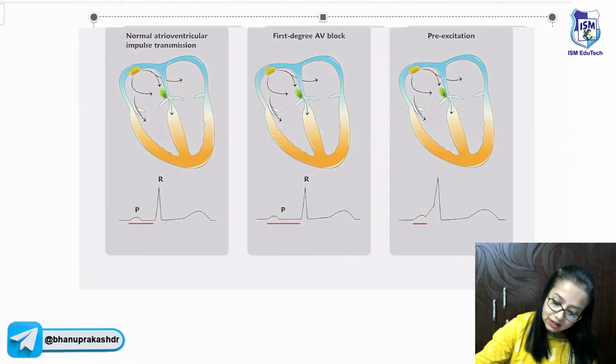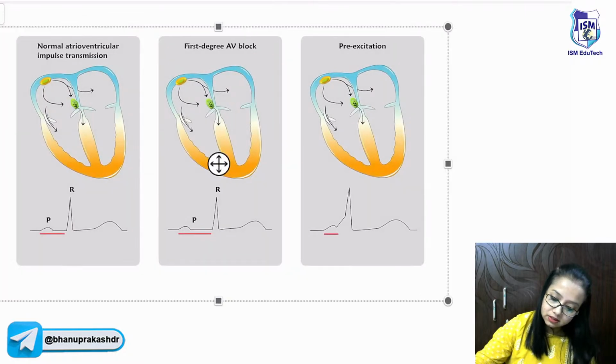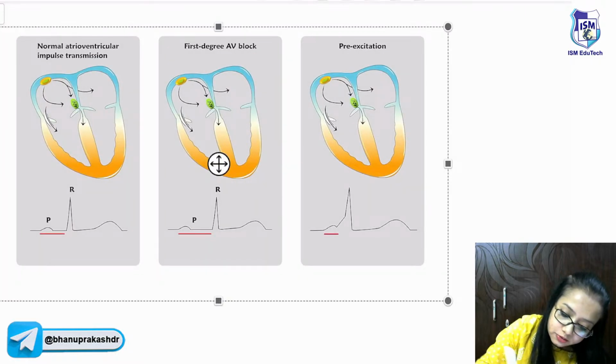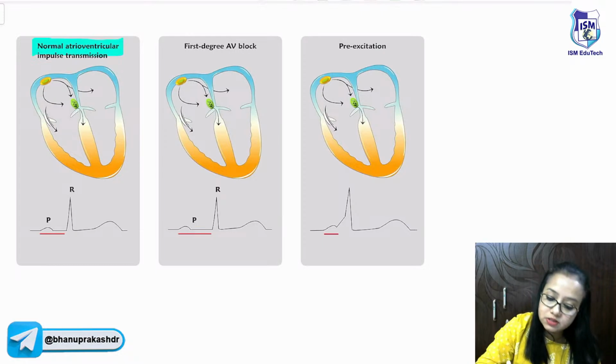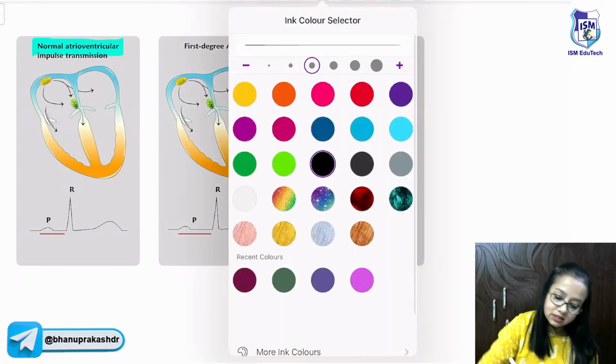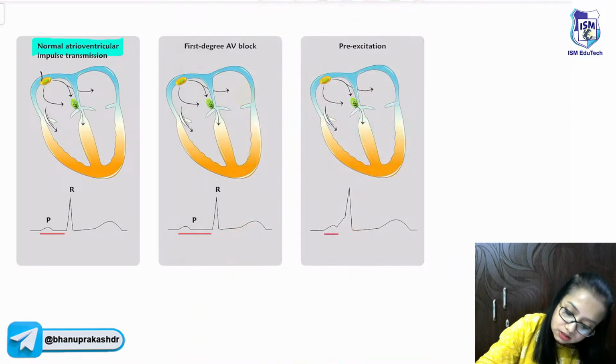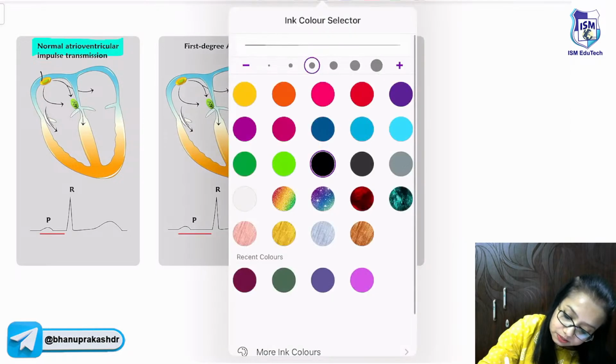Now, as we can see here, the first diagram is the normal AV impulse transmission. This is what we studied in the last class. Here, this is our SA node.